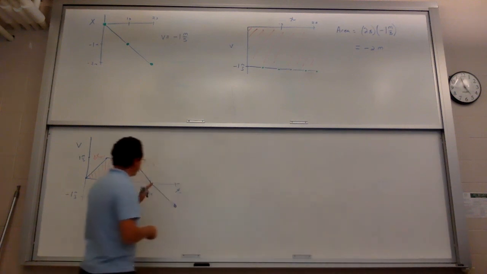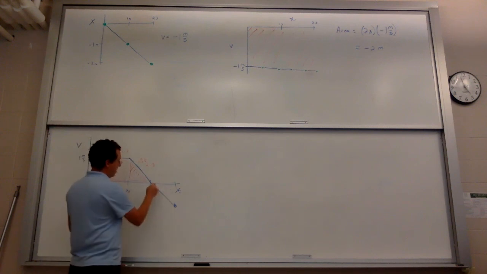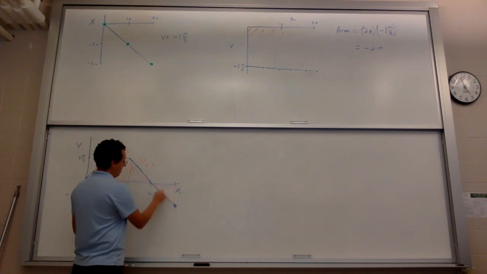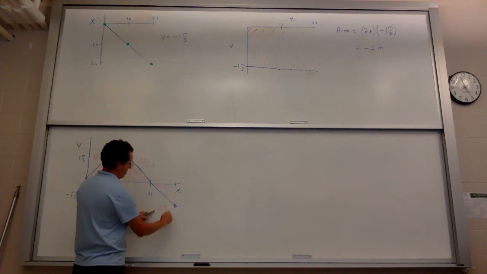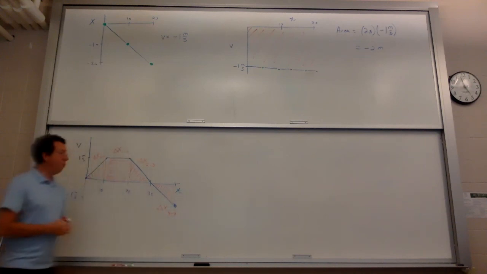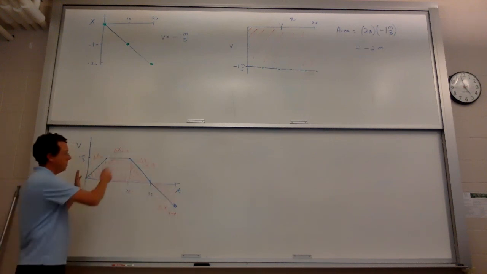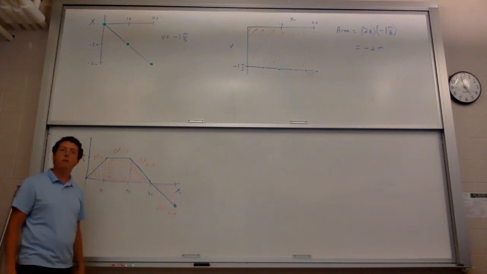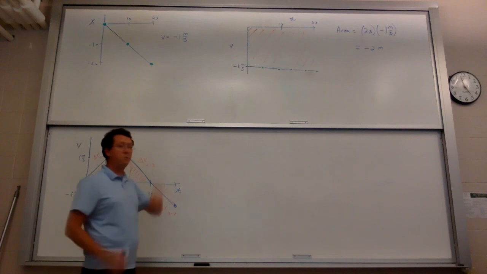So I would have had a negative displacement over this interval, and sure enough, the area here would be negative. This would give me delta x from 3 to 4. And if you wanted the total displacement, you would add up all the separate displacements. If you just want some portion, you just keep that part of the area. And that's how you could use the area to find changes in position.